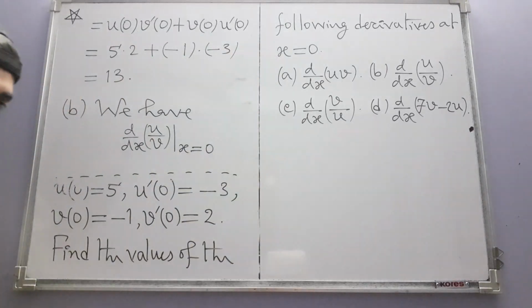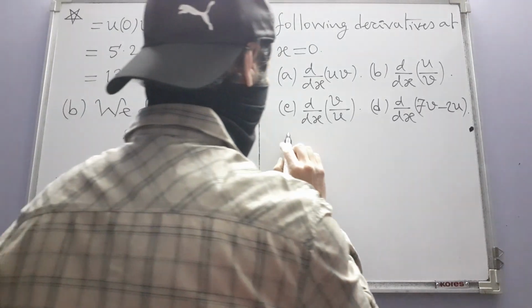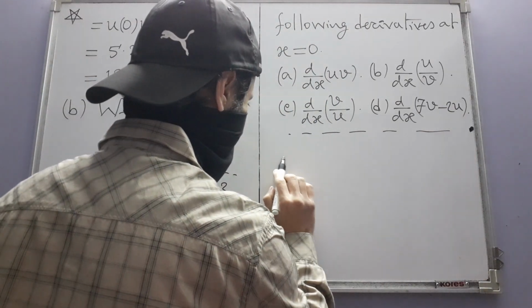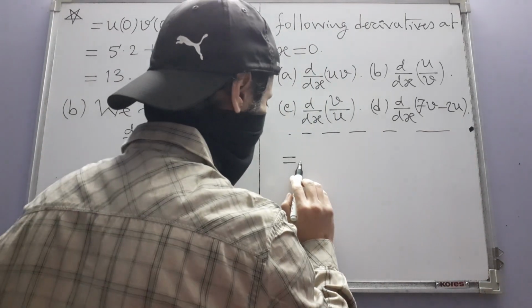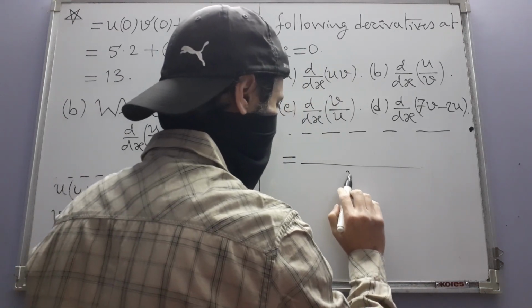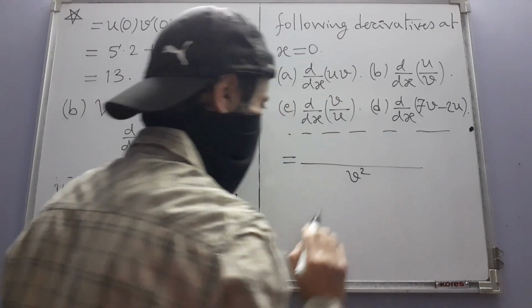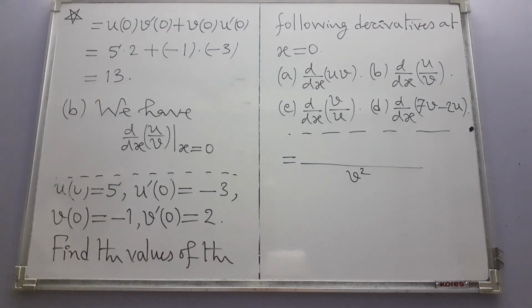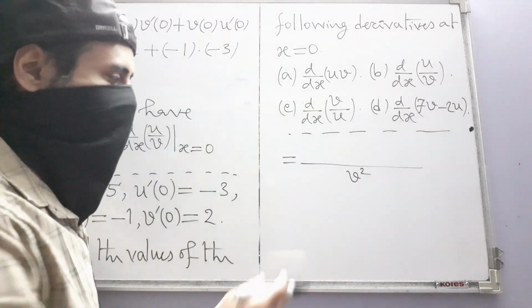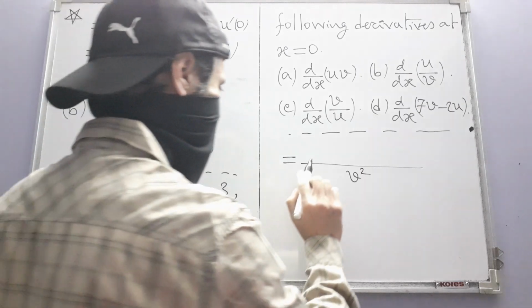Let's continue from here. So by the quotient rule, what will it be? First you recall the quotient rule, you square the denominator. V square really means V of x whole square. We are not writing the independent variable here. We are simply writing V square. If you want, you can write V of x whole square.